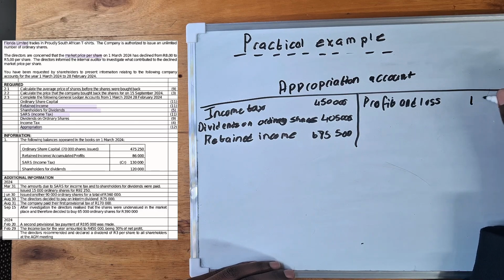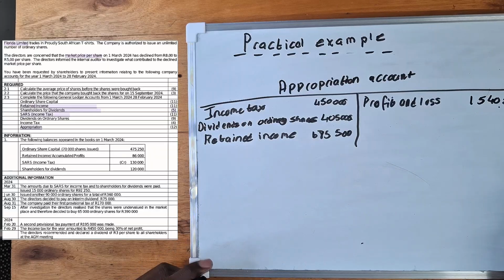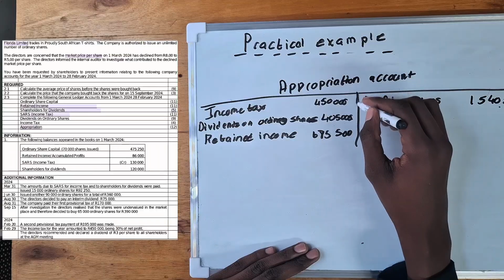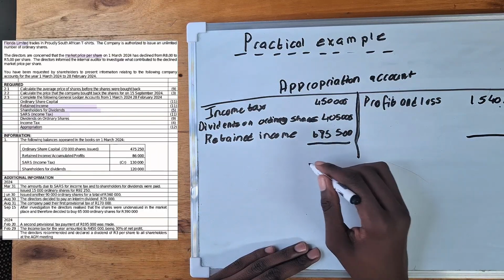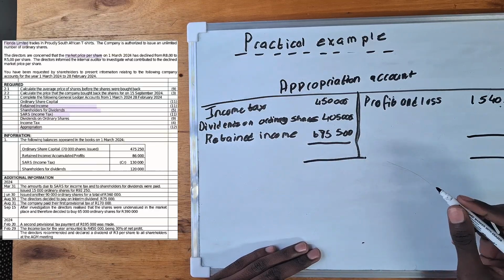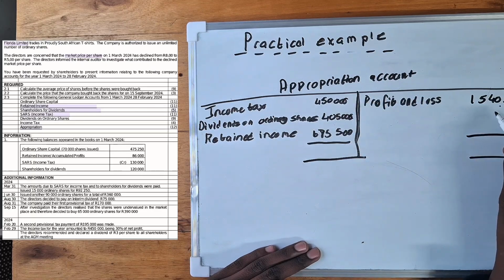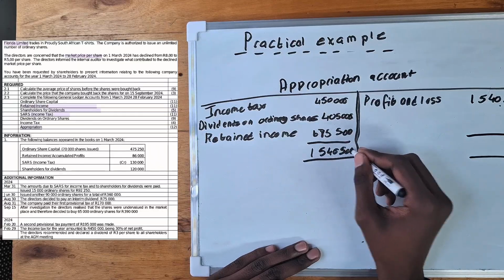And in terms of spelling, guys, you don't need to be perfect at spelling in accounting, because they're not assessing your ability to spell, they're assessing your accounting skills. So if perhaps you always tend to misspell words or so, don't be worried. As long as you get the right amounts and the marker can see what you are writing, then you should be fine. So if you add all of these amounts, it should give you 1,540,500, which you put on both sides, right? Like this.